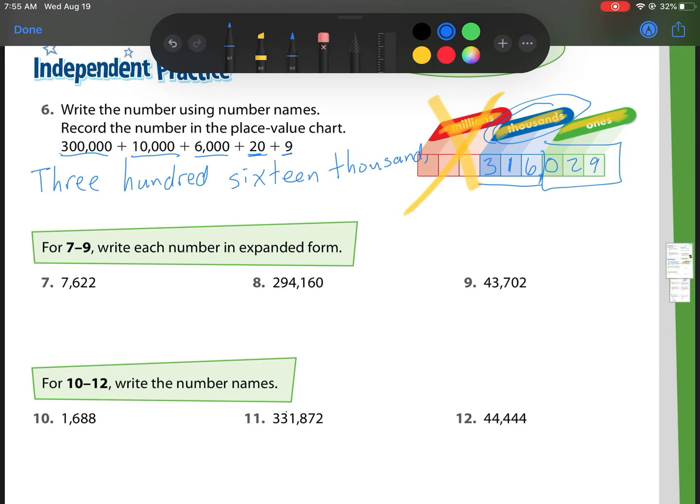And remember, when I'm in the grouping on the far right, the green one, I don't put that name right here. I don't put ones. So we really just use it for thousands and millions. So it's 316,029. And there it is. We recorded it, and we wrote the number using number names.